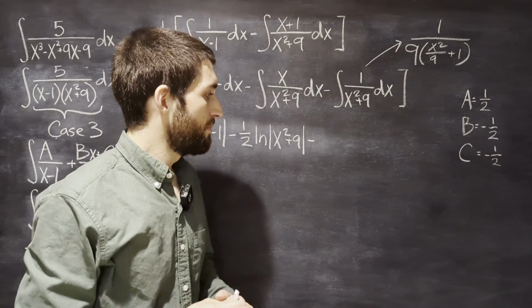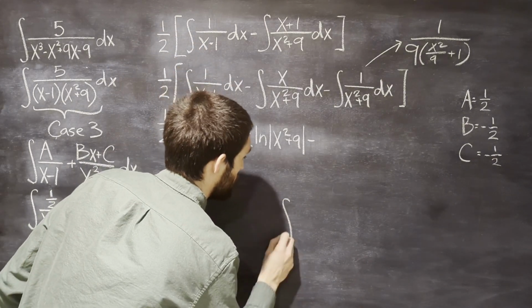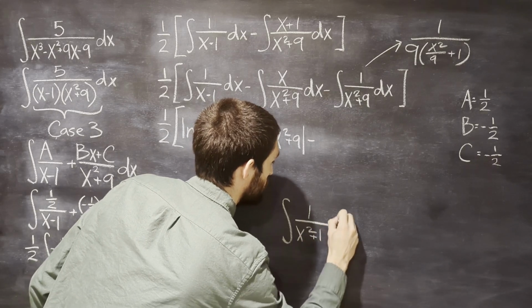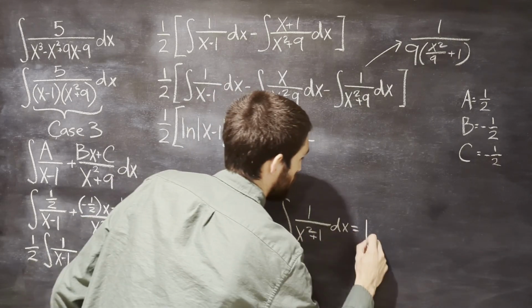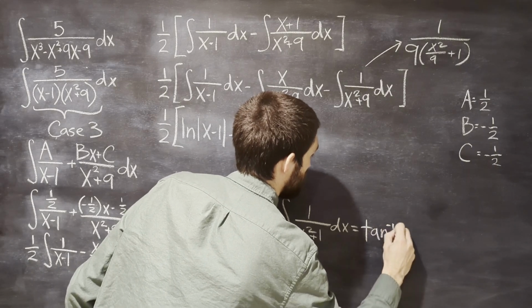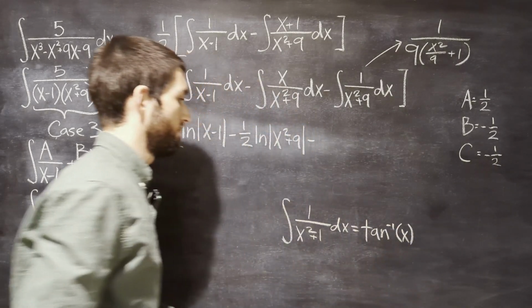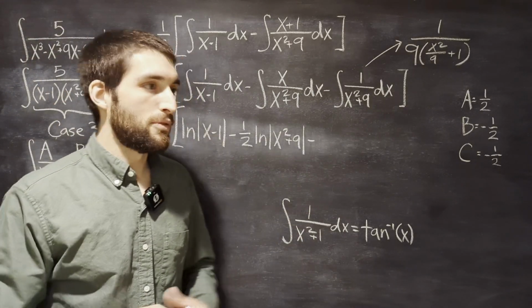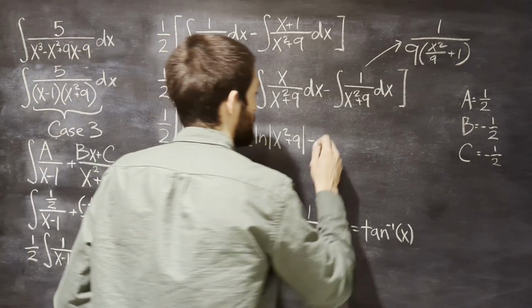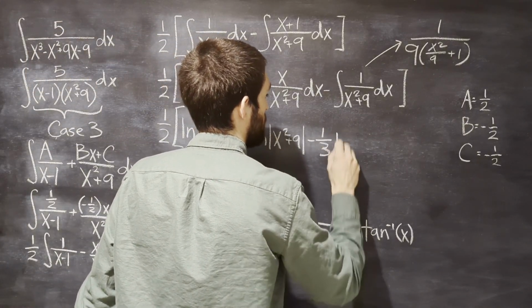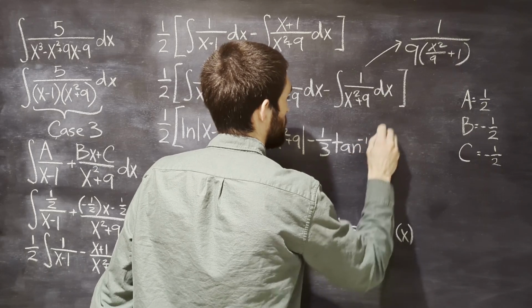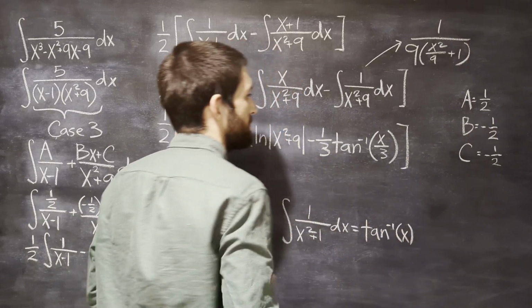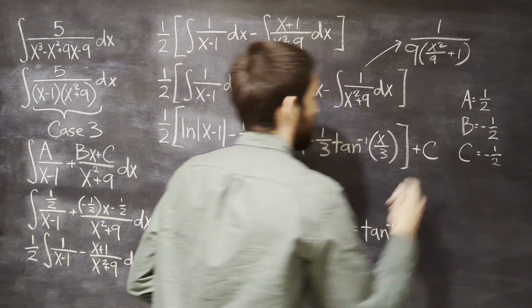You'll also need to know that a common integral is the integral of 1 divided by x squared plus 1 is equal to the inverse tangent of x. Using these two things, you'll find that u equals x divided by 3. Integrating gives us 1/3 inverse tangent of x divided by 3. We can close brackets and add plus c for our constant of integration.